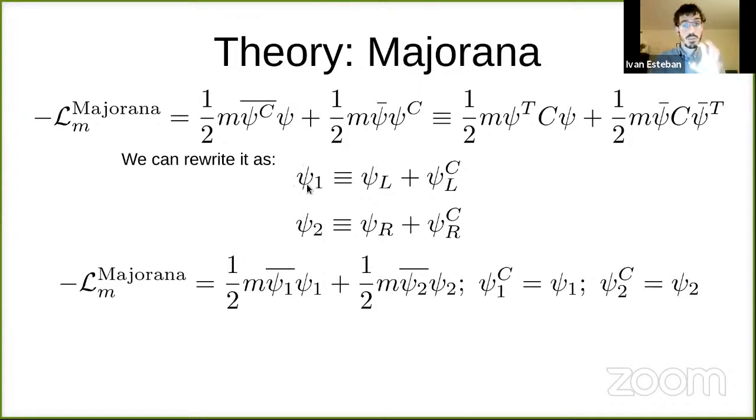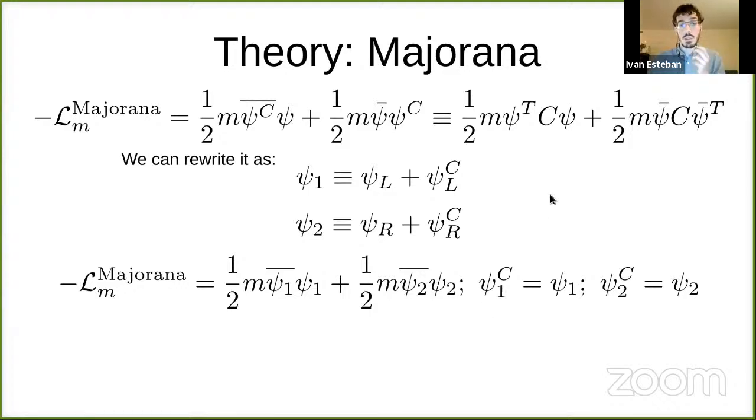Psi1 only involves the left-handed part of psi, and psi2 only involves the right-handed part of psi. These two fields are their own charge conjugates, which is explicit from this definition. And furthermore, they have a standard fermion mass Lagrangian.